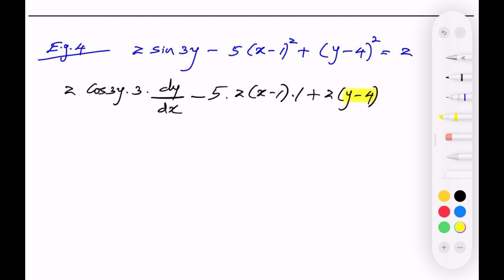Please note that we are still differentiating with respect to y. When you differentiate the stuff inside with respect to y, it will be just times a 1. But we are differentiating all of that with respect to x. Therefore, you need to times that by dy by dx.